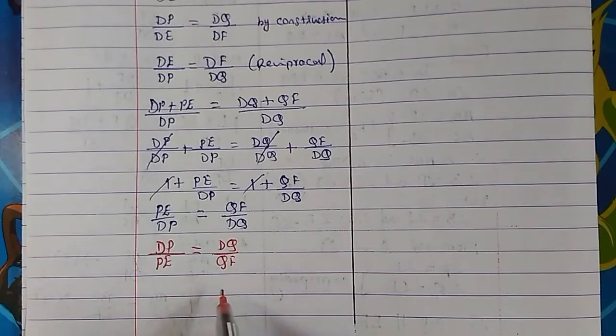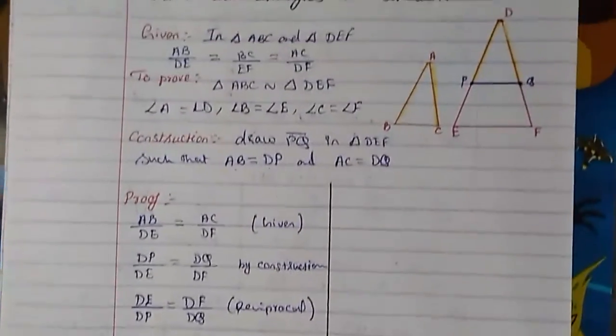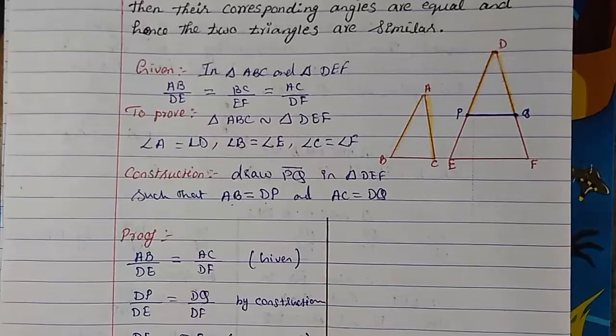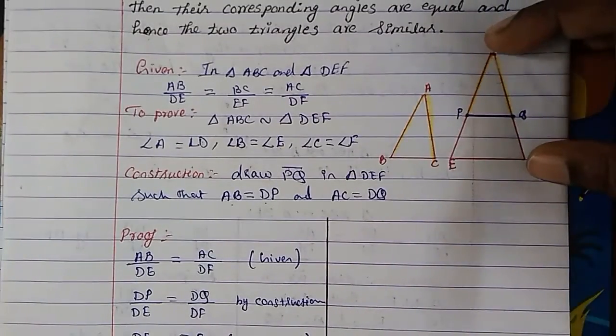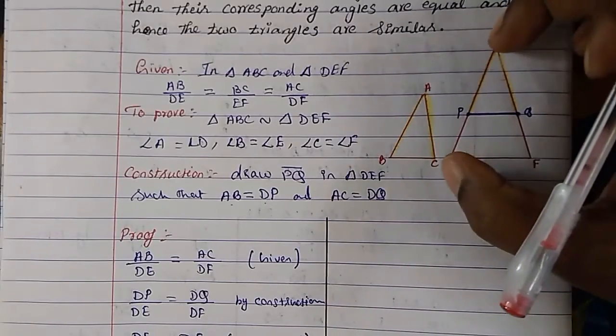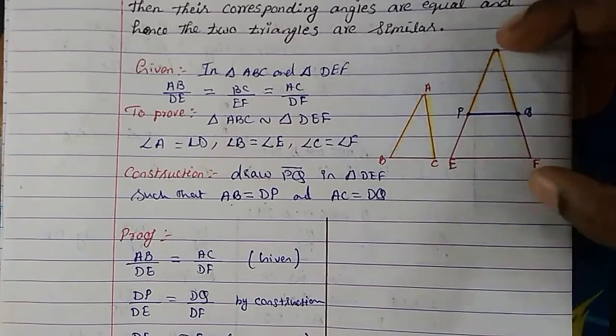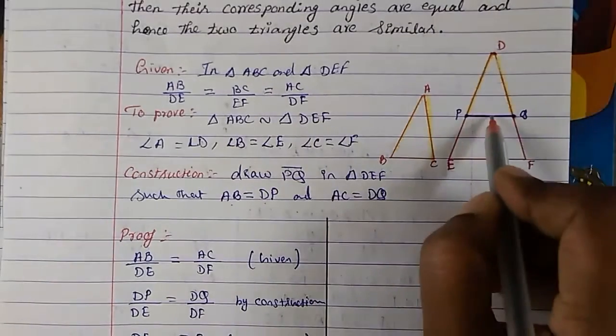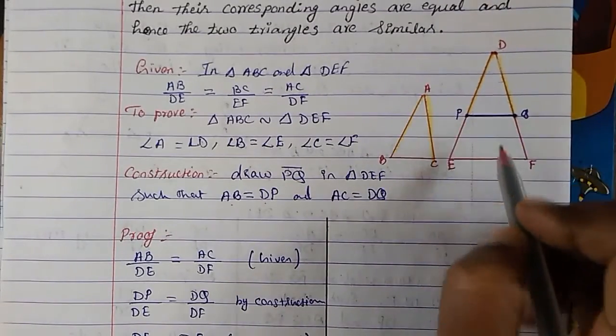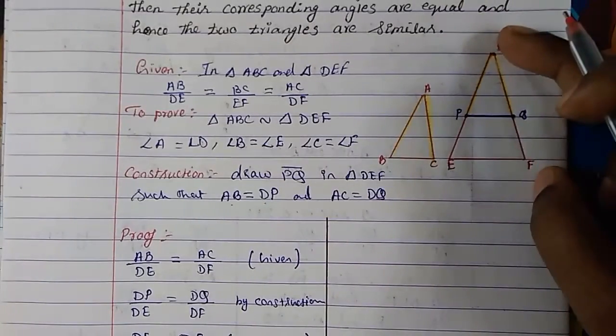This ratio is what actually? Do you remember now? Converse of basic proportionality theorem. What does it say? If the ratios of these two sides of the triangle are equal, then these two lines become parallel. If they are parallel only, these two sides' ratios will be equal.